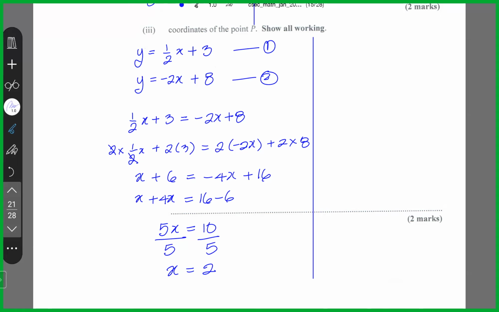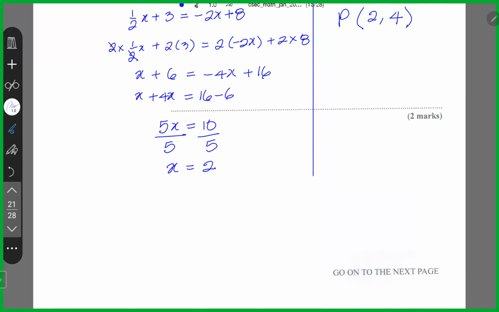Let's put it in equation 1. y equals a half times 2, plus 3. A half times 2 is 1, plus 3. This is 4. So P is the point where x is 2 and y is 4. Stay with me.